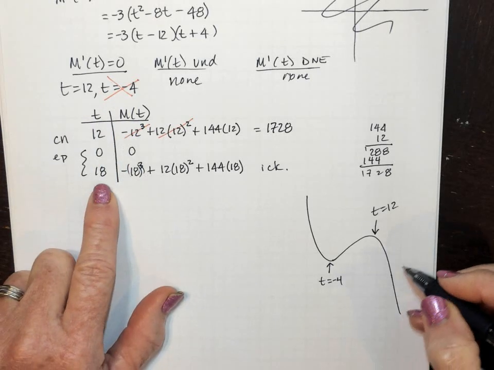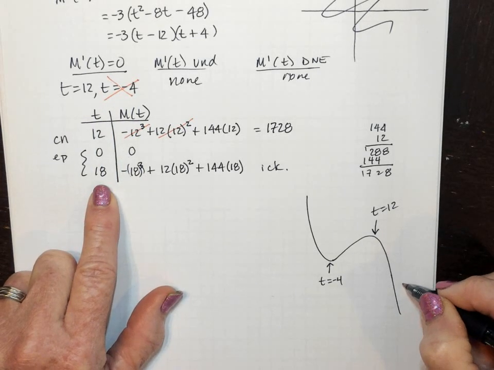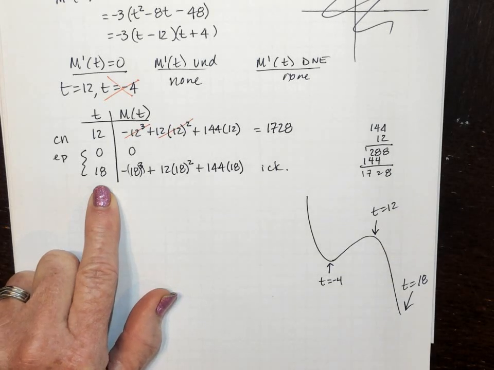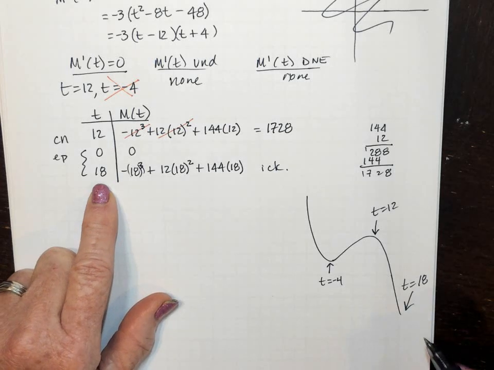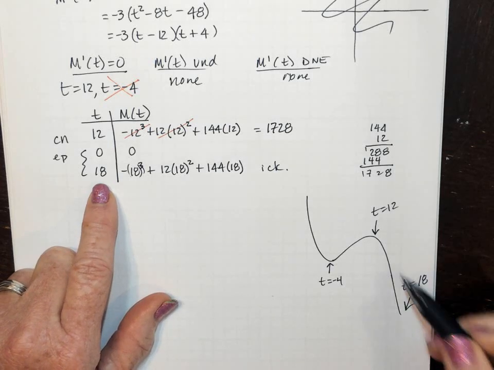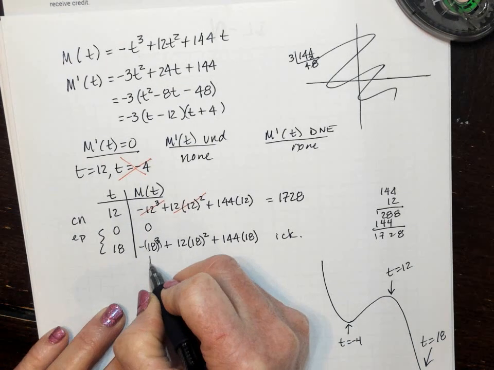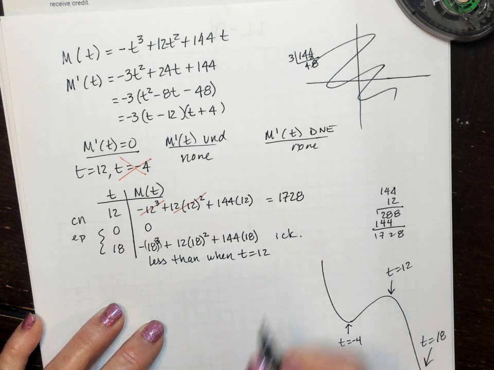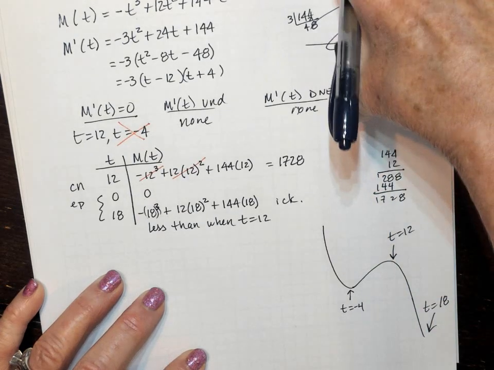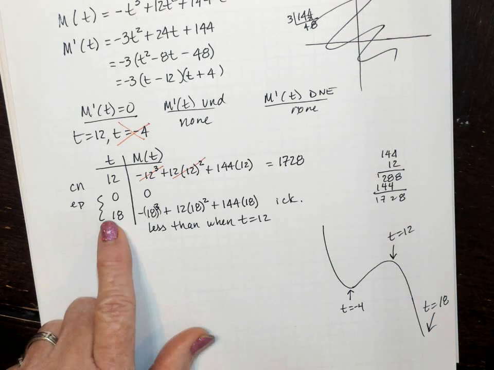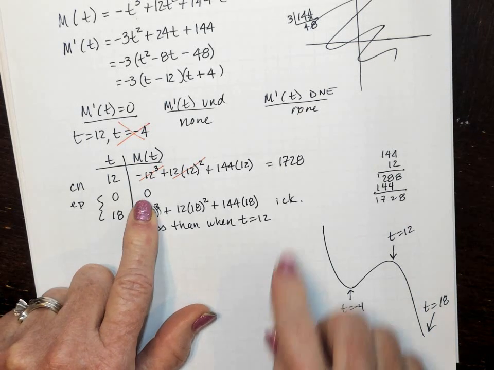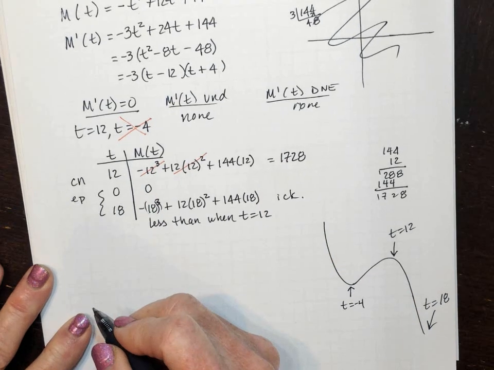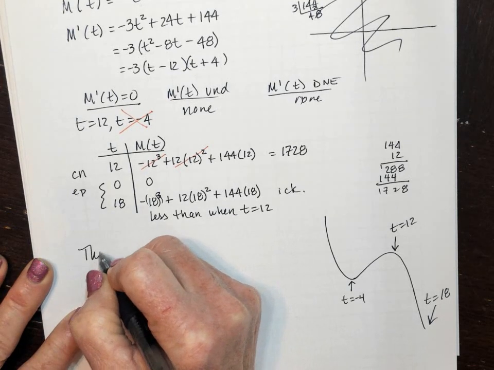So that tells me that t equals 18 is way down here, which means that very definitely it is less than when t equals 12. So if I'm looking for an absolute maximum value, it can't be this endpoint. It's this one, 1728. So the absolute maximum number of mosquitoes is 1728.